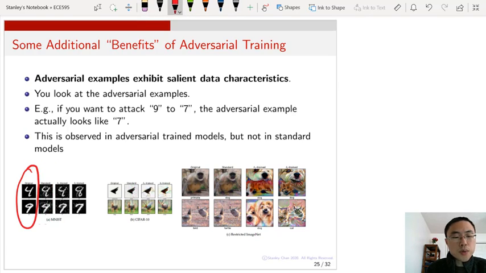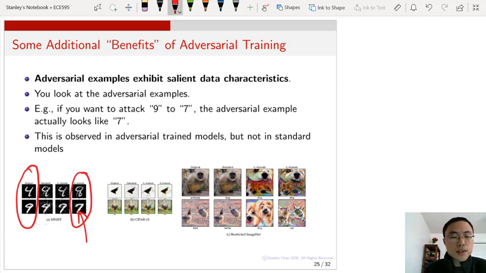This is the perturbed data that will be able to fool your classifier. Now, if your classifier has been adversarially trained, then in order to fool the same classifier, the example that you need to use would look like this.